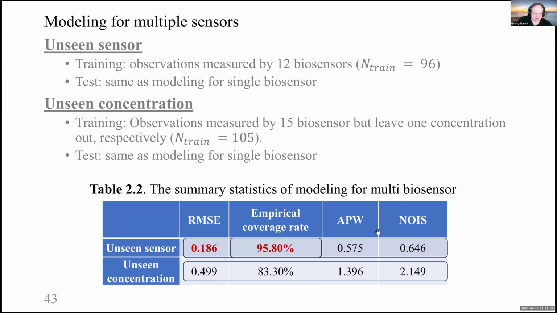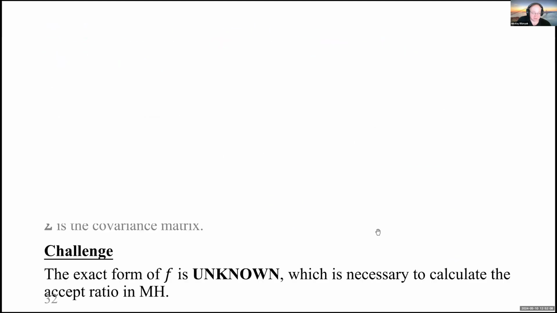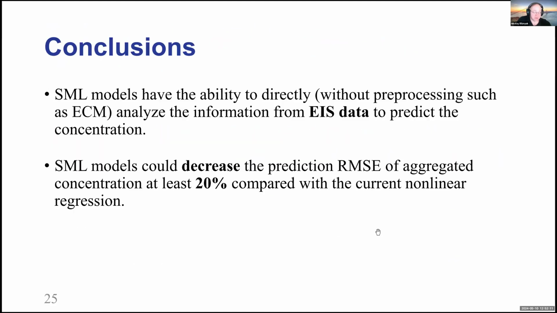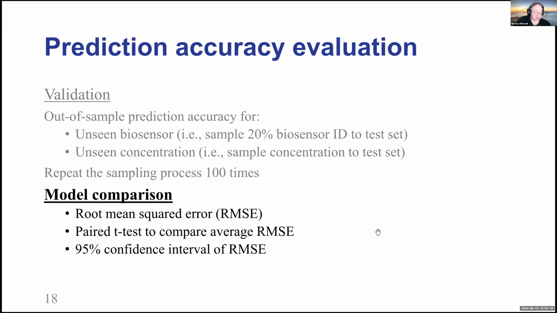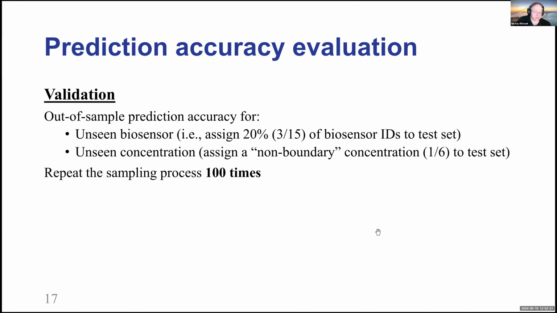Okay, good. The setup is exactly the same as in the first part. The question is, how do we validate how well the model works? So here, this is the motivating slide. For the unseen concentration, we allocate all the data for one concentration to the test set.